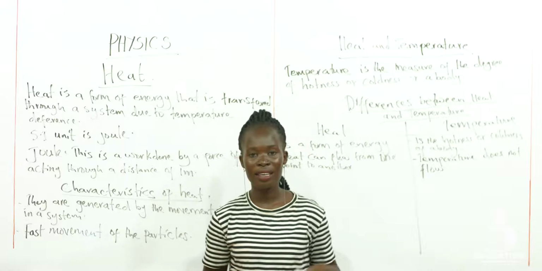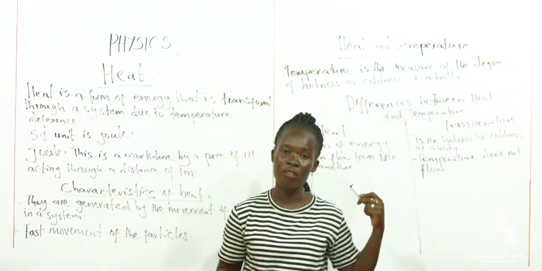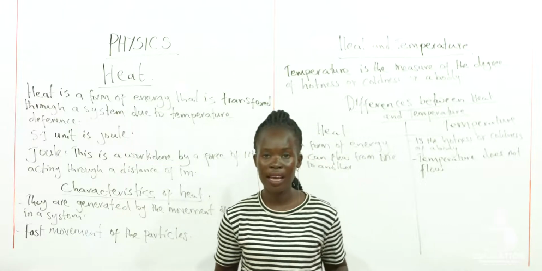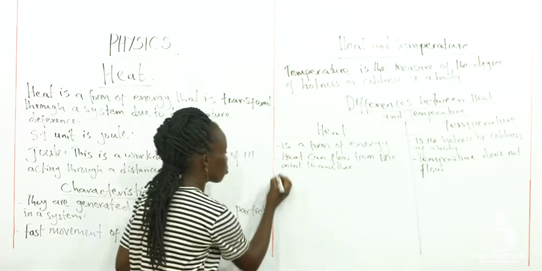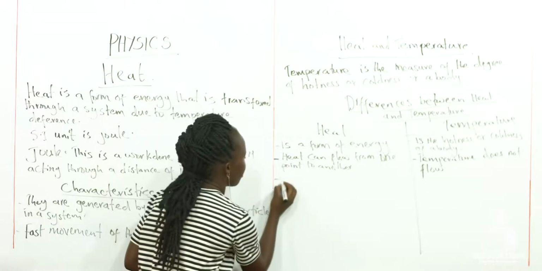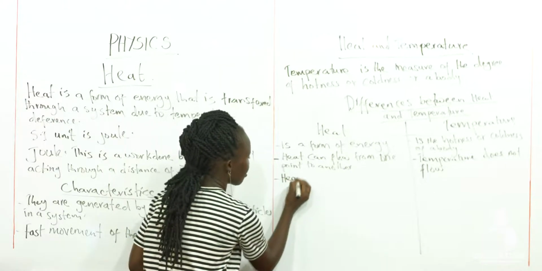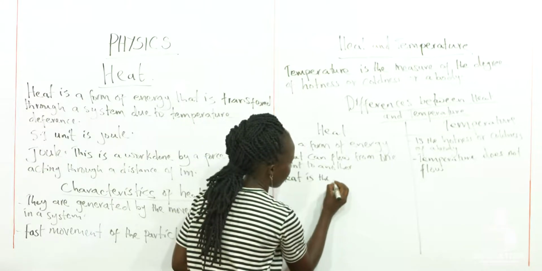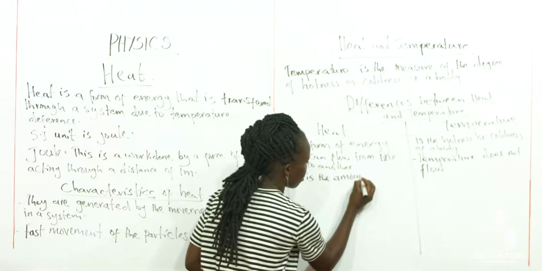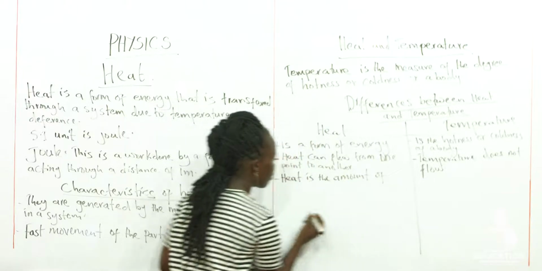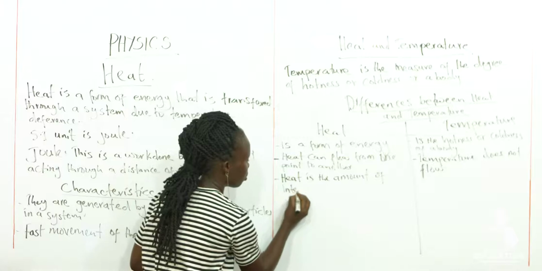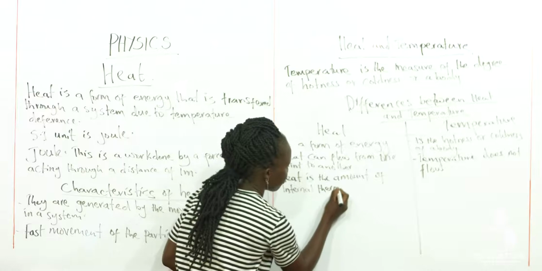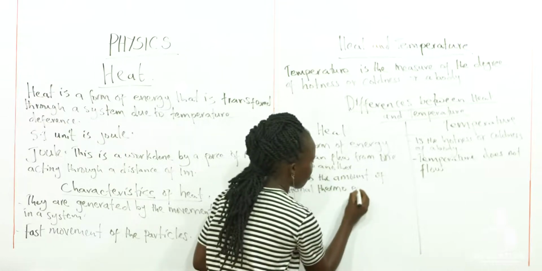That's why we are saying that heat is the amount of internal energy of a system or any other object. So this is also one of our differences here. We can have it as heat is the amount of internal thermal energy.